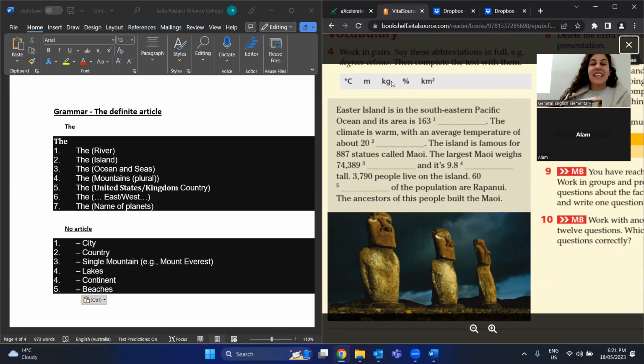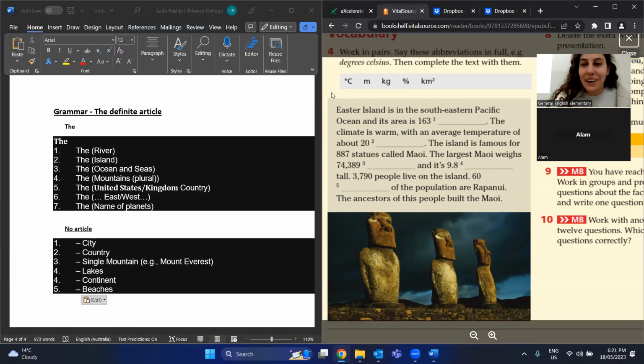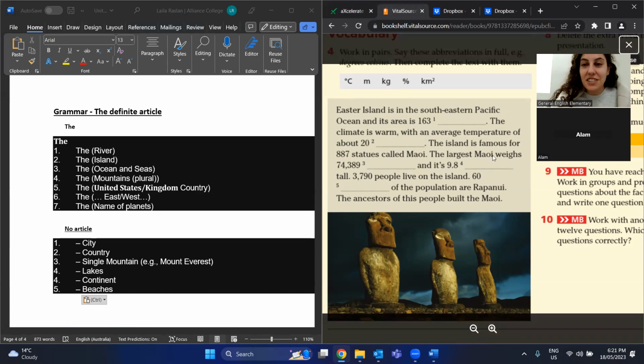Statues called Moai. The largest Moai weighs 74,389 kilograms.